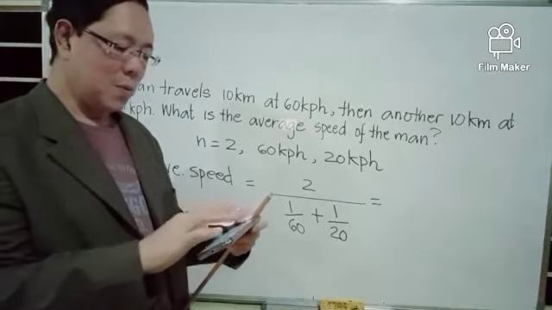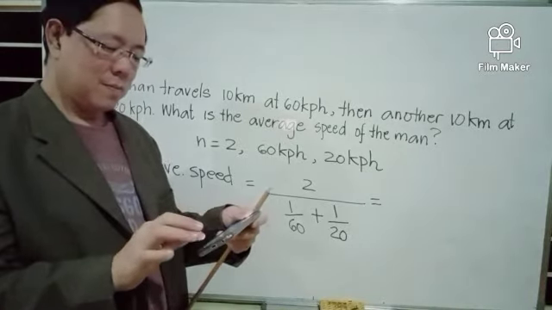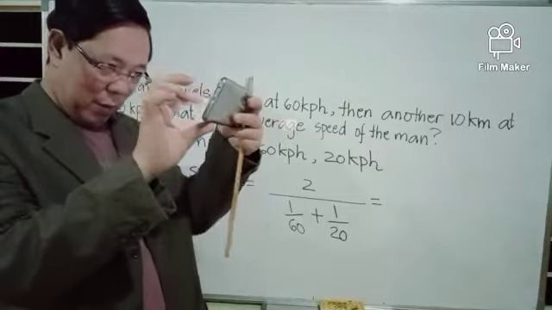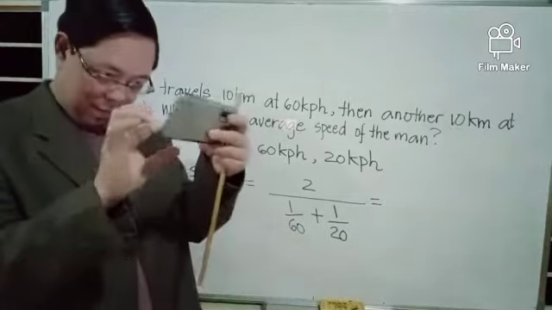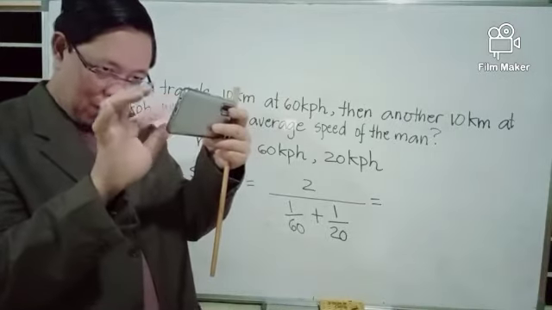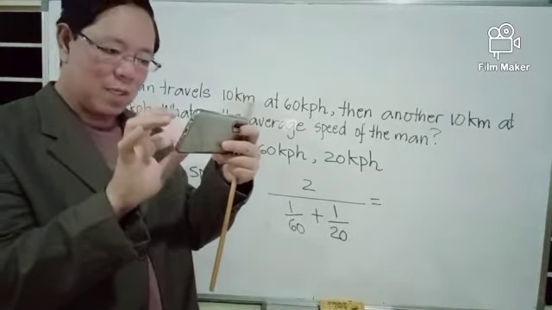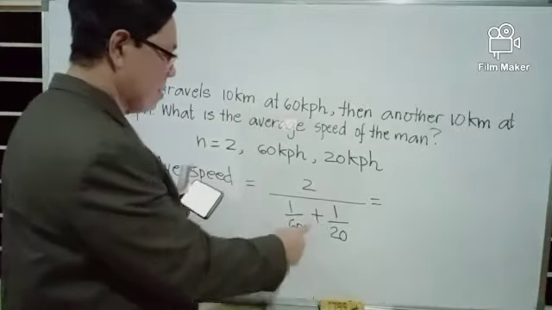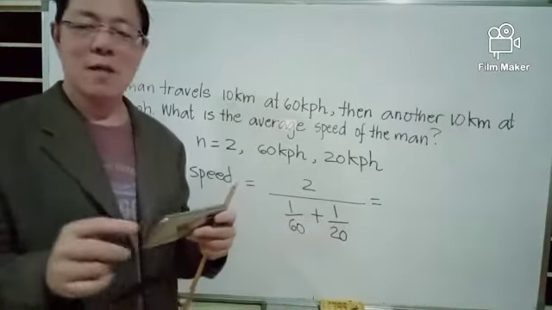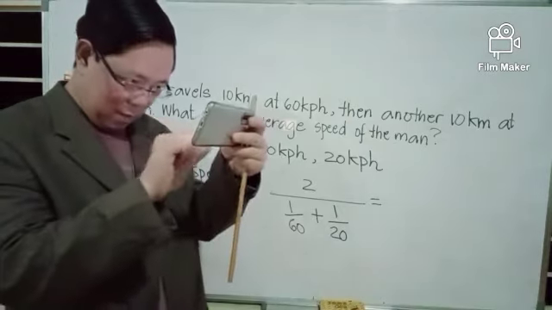We have 2 in the numerator and we divide 2 by 1 over 60, that's 1 divided by 60, plus 1 over 20, that's 1 divided by 20.